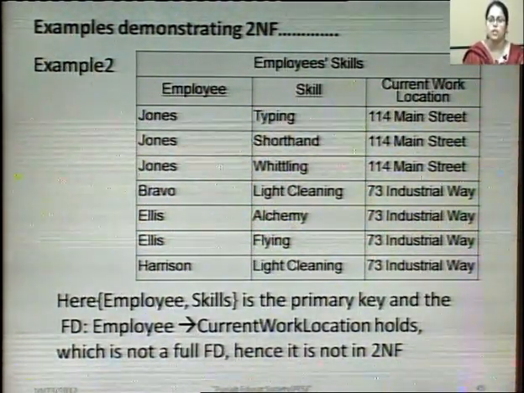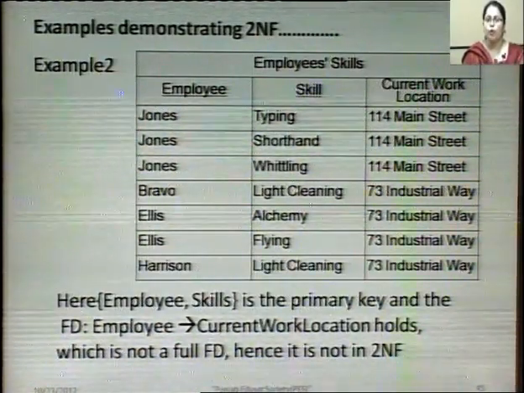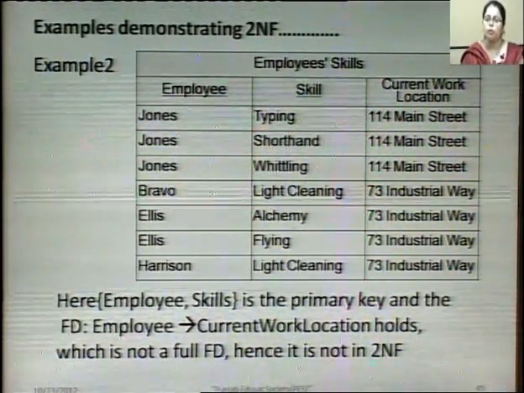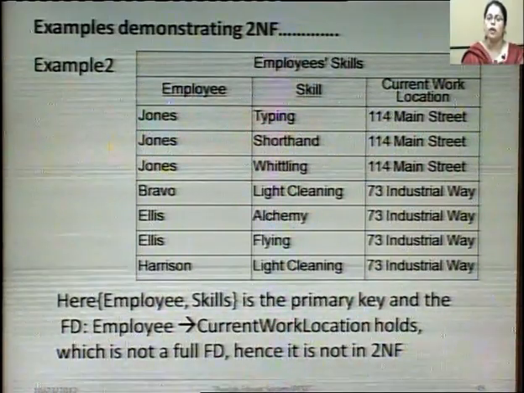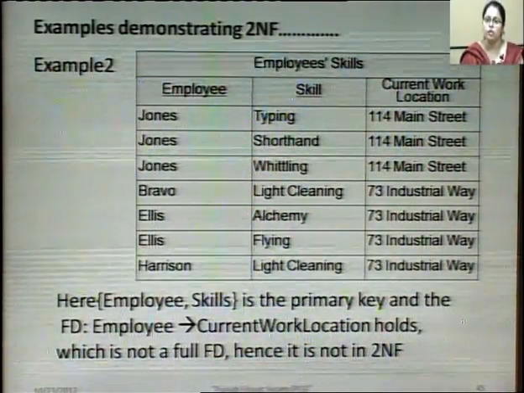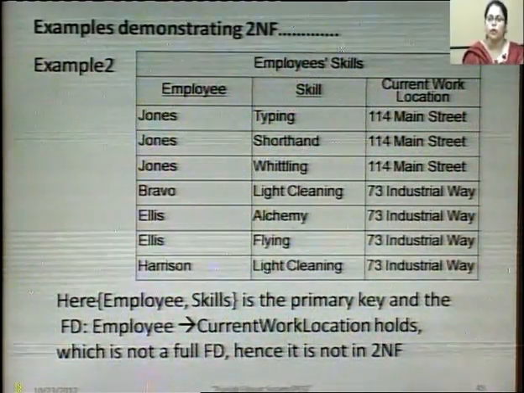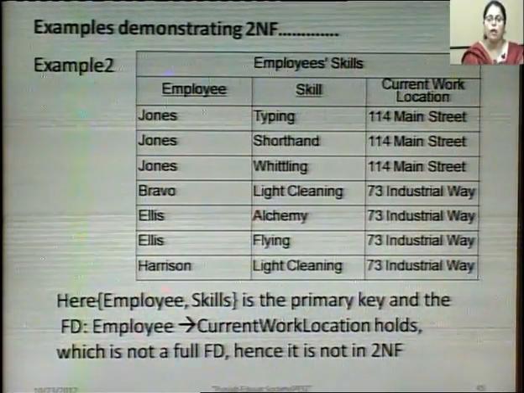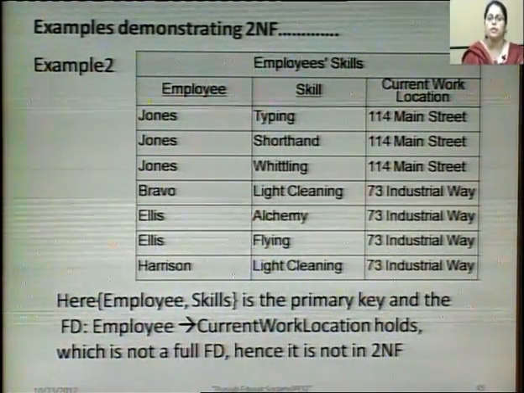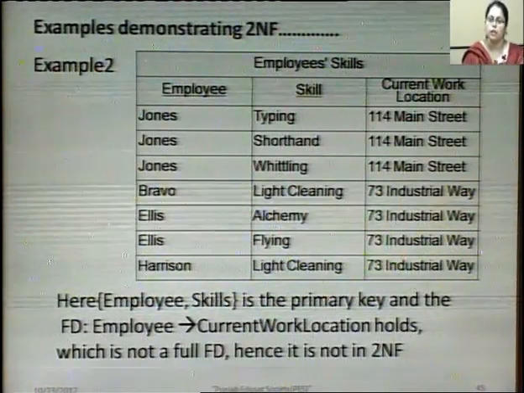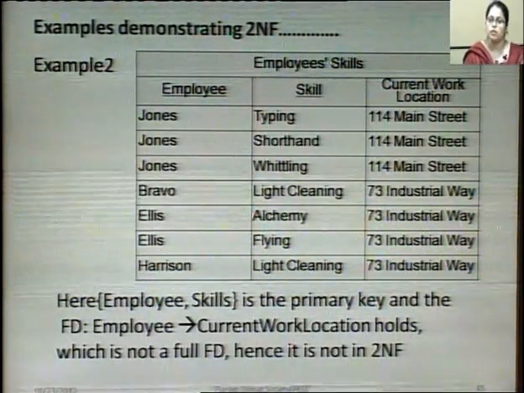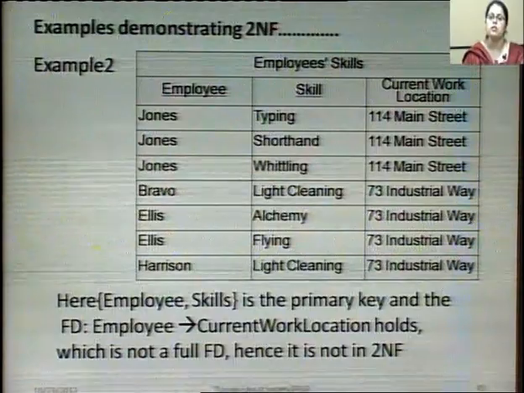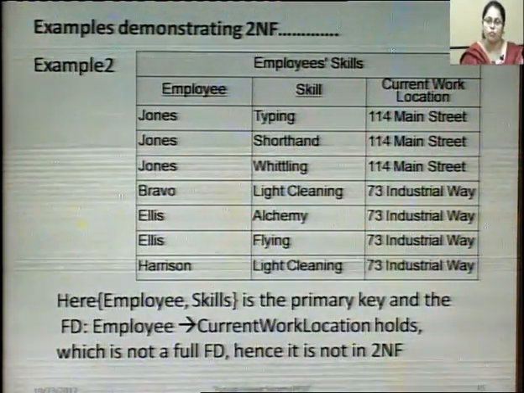From the tuples, we can see that the name of the employee attribute determines the value of current work location, but current work location is a non-prime attribute and the determinant set is not the primary key. Therefore this functional dependency is partial and hence this relation is not in second normal form.